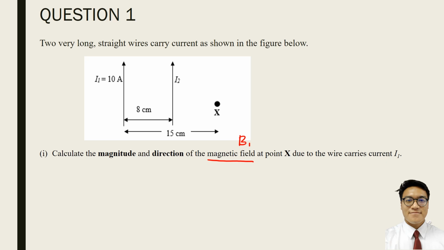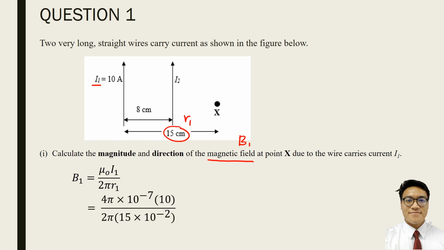The formula to find the magnetic field for a straight wire is B1 equals mu naught I1 divided by 2 pi R1, where I1 is the magnitude of current in the wire, and R1 is the perpendicular distance between wire I1 and point X, which is this value here. So this is our R1, the perpendicular distance between the wire and the point, and this is I1. We have all the necessary information, so we only need to substitute everything.